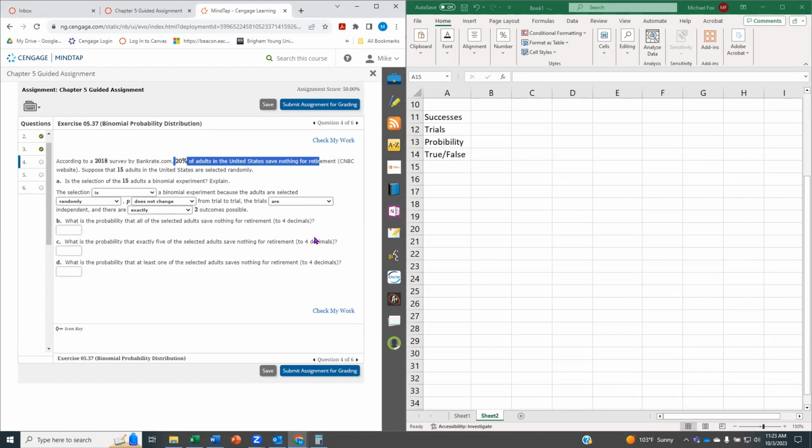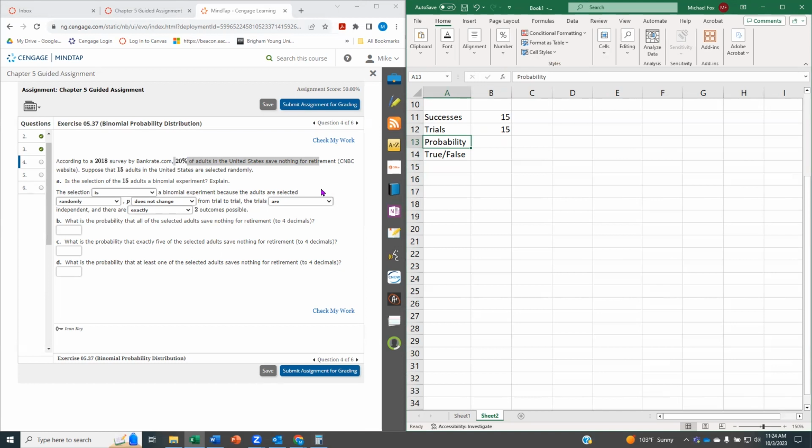Okay. And so I'm going to say, all right, the first question is asking, what's the probability that all of the adults save nothing for retirement? So I'm going to say that represents 15 successes out of 15 trials. That I asked 15 people, and all 15 of them say, no, we don't save anything.